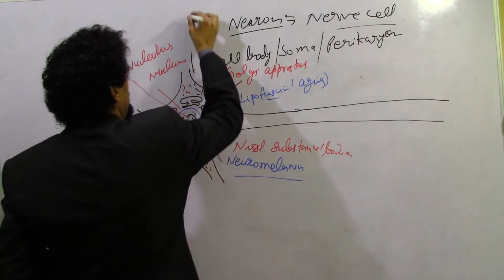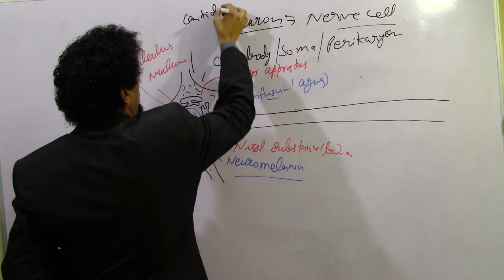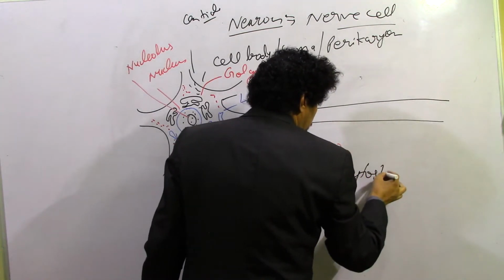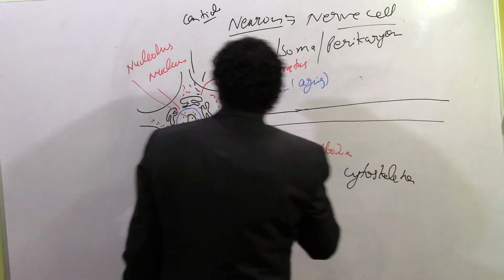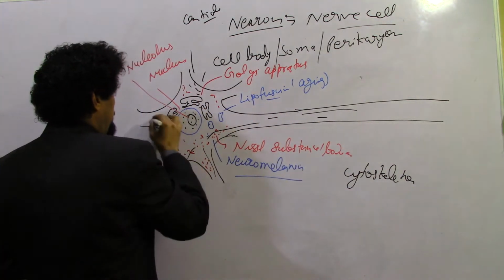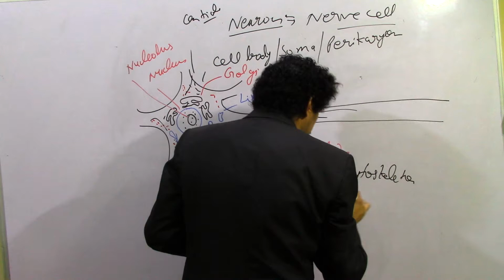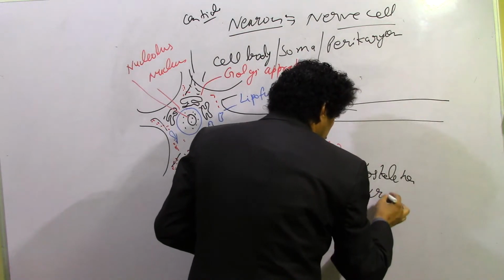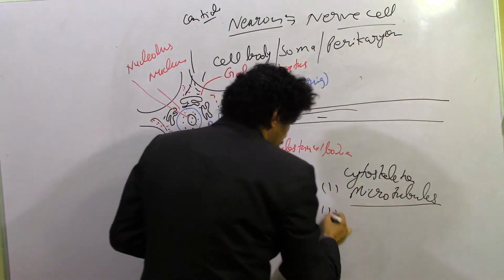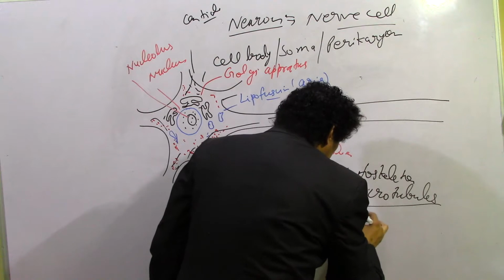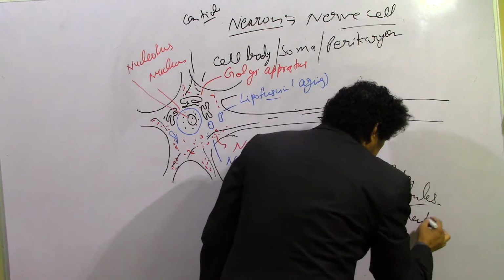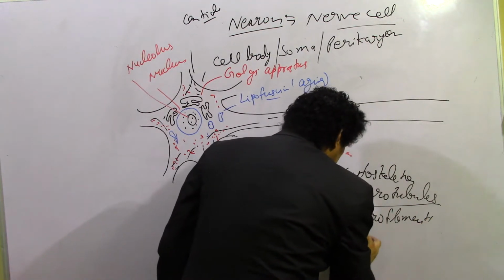Centrioles maintain the cytoskeleton. The cytoskeleton of the cell has microtubules, neurofilaments, and microfilaments.